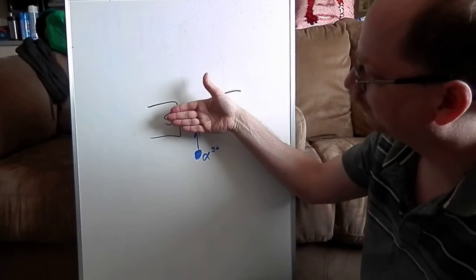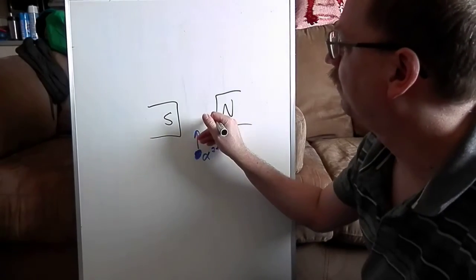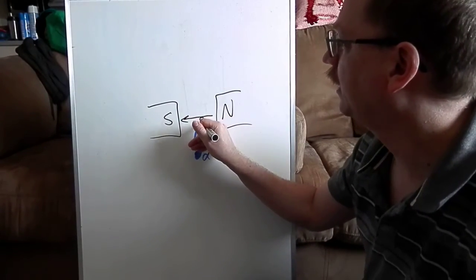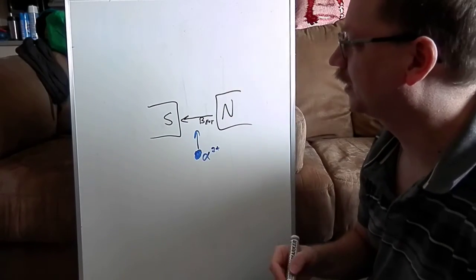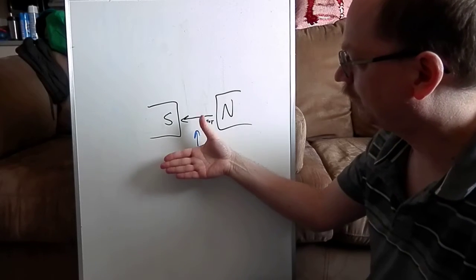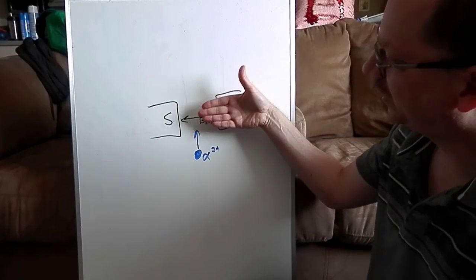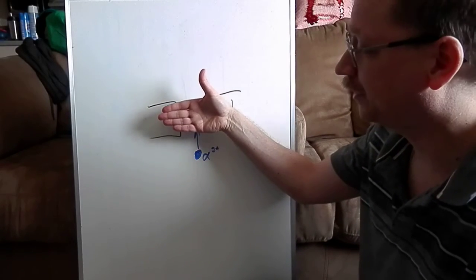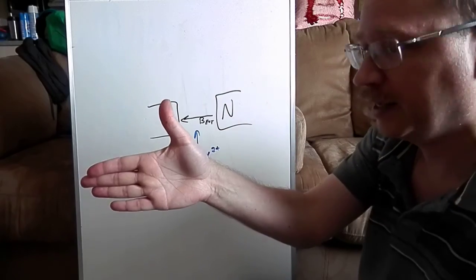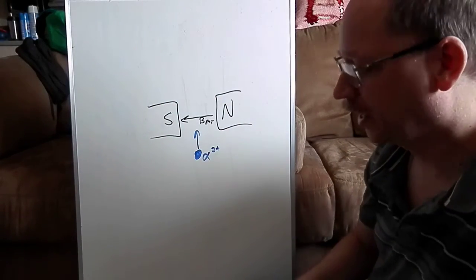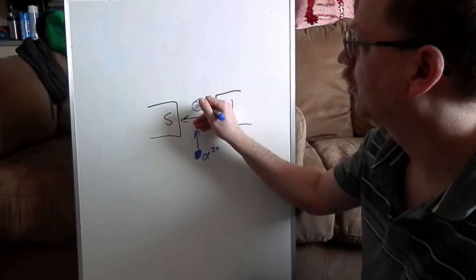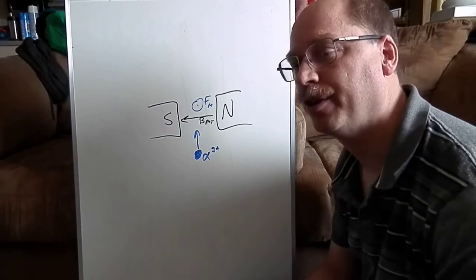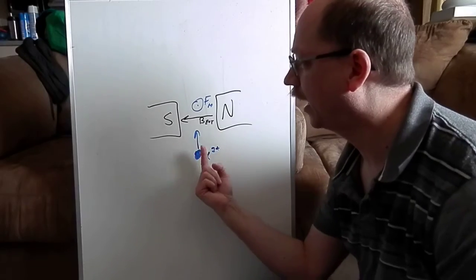My fingertips are pointing that way because the external magnetic field is going to be pointing north to south. Thumb pointing up, fingers pointing to the left. My palm is pushing out towards you. So in this case, the direction of the magnetic force acting on the particle is coming out towards you.